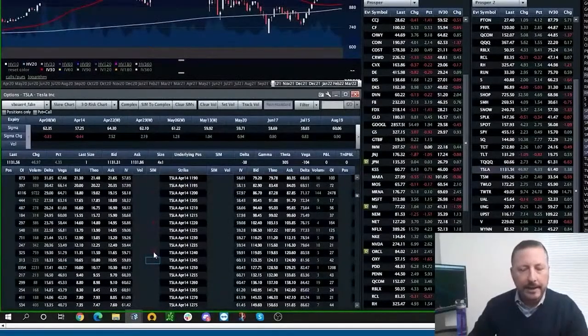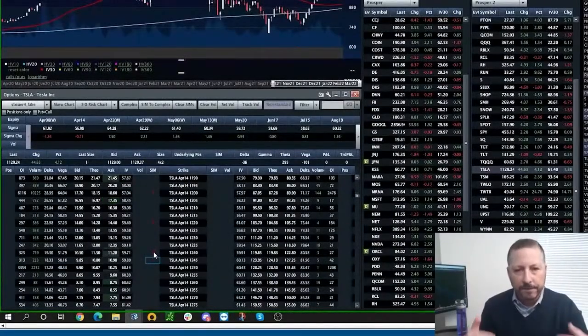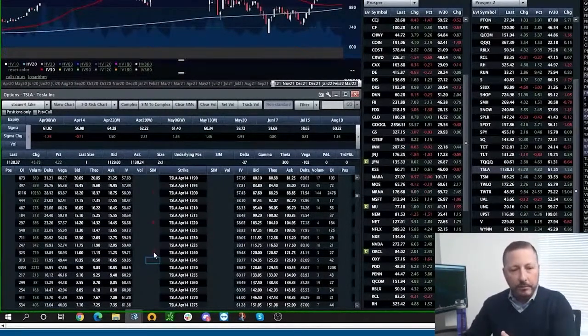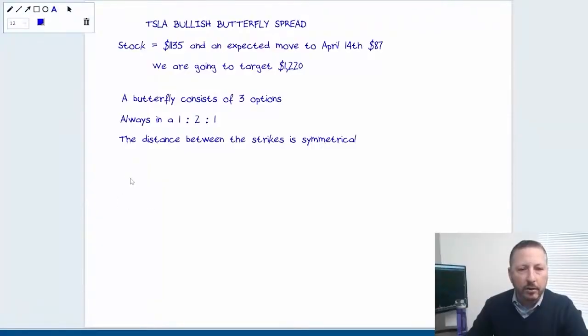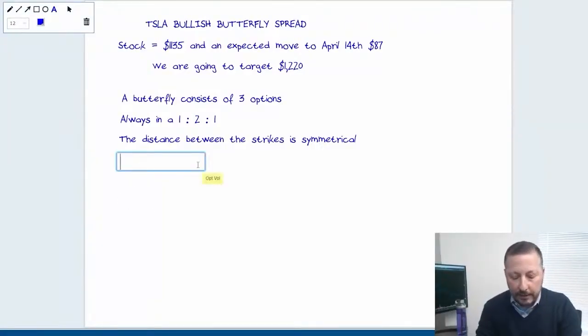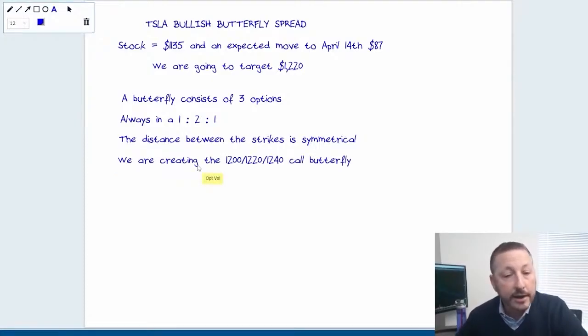The key is that the strikes are symmetrical, meaning the distance between the first strike and the middle strike is the same as between the middle strike and the last strike. So in this example, we are creating the 1200, 1220, 1240 call butterfly. The strikes, as you can see, are symmetrical.